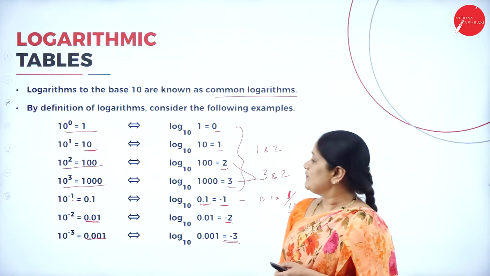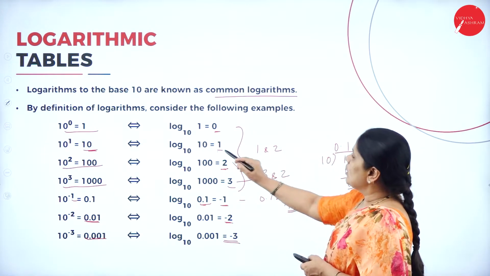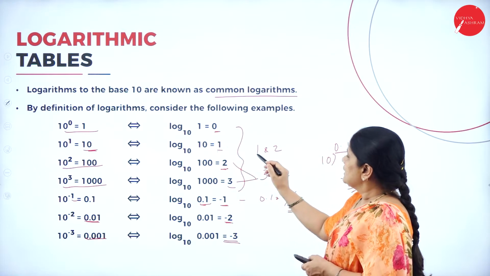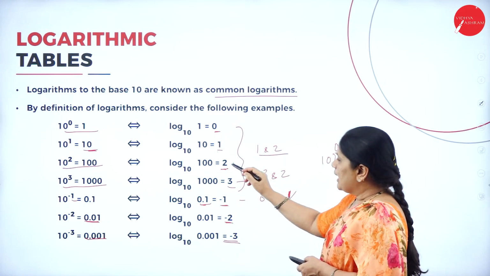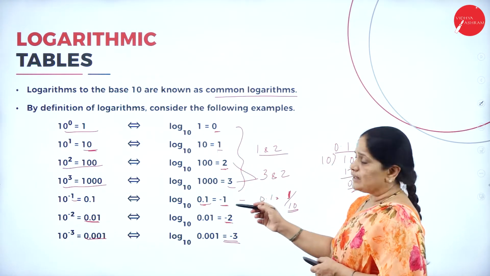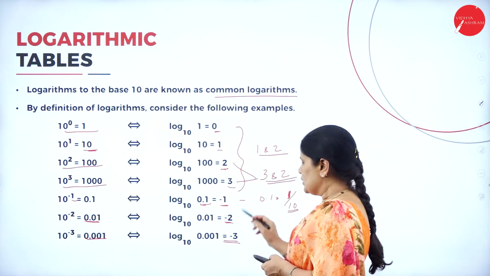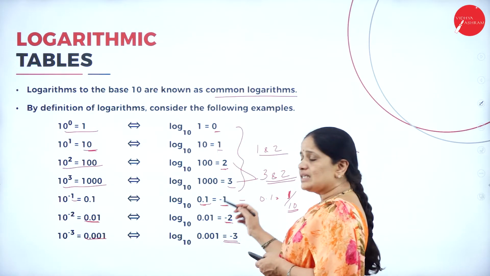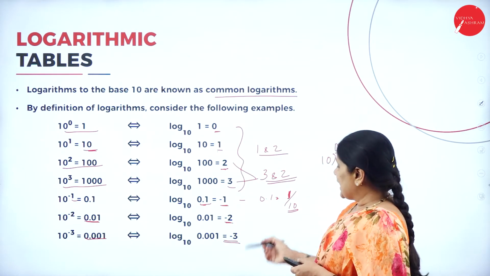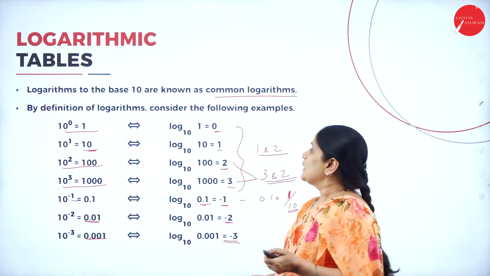So in this way, we should understand that the log values of numbers between 10 and 100 lie between 1 and 2, and those between 100 and 1000 lie between 2 and 3. So the decimal values will have minus along with the value.